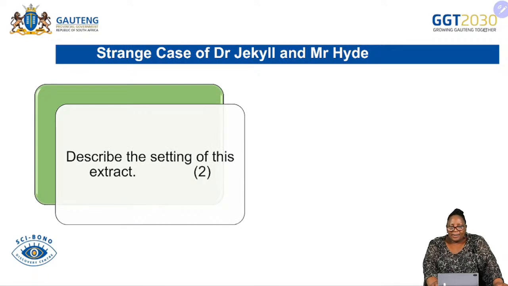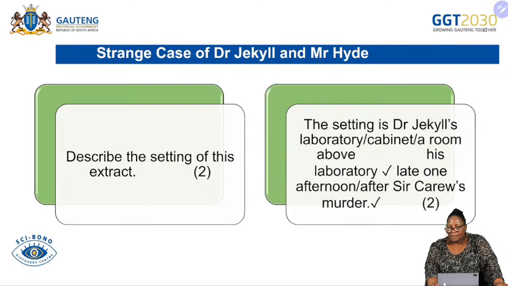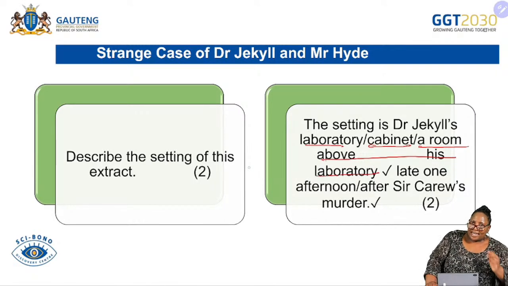Again, describe the setting of this extract. The setting is Dr. Jekyll's laboratory, or Dr. Jekyll's cabinet, or a room above his laboratory. That's for 1 mark. You have choices there. And then when was it?